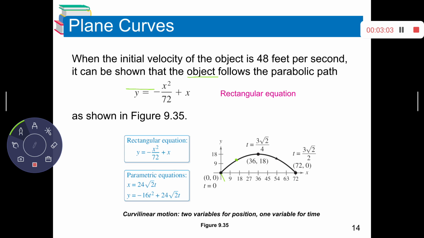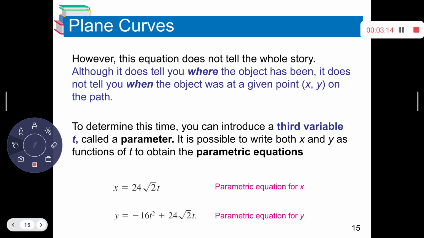I guess I could assume that it starts here at time equals 0, but I really don't know when it is at all of those different positions. So that's where a parametric comes in. The 3rd variable, like I said, in this situation would be t, which would represent time. So this would tell us at what time the particle is at a specific position.